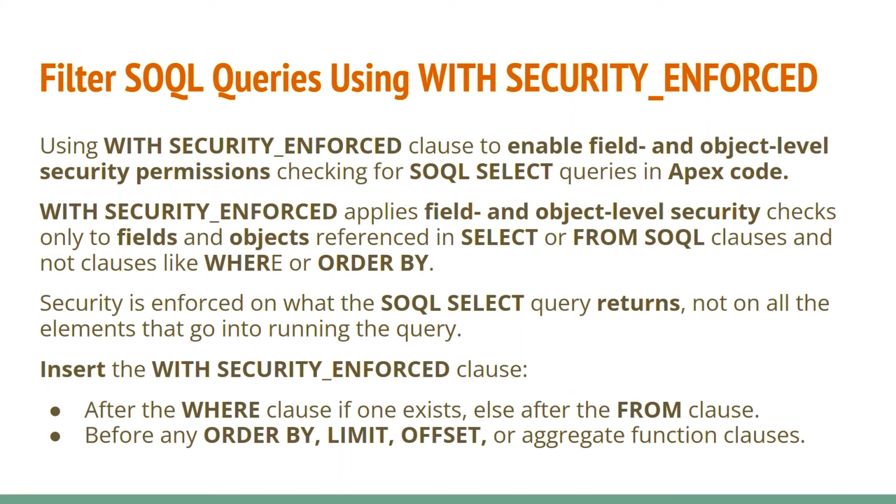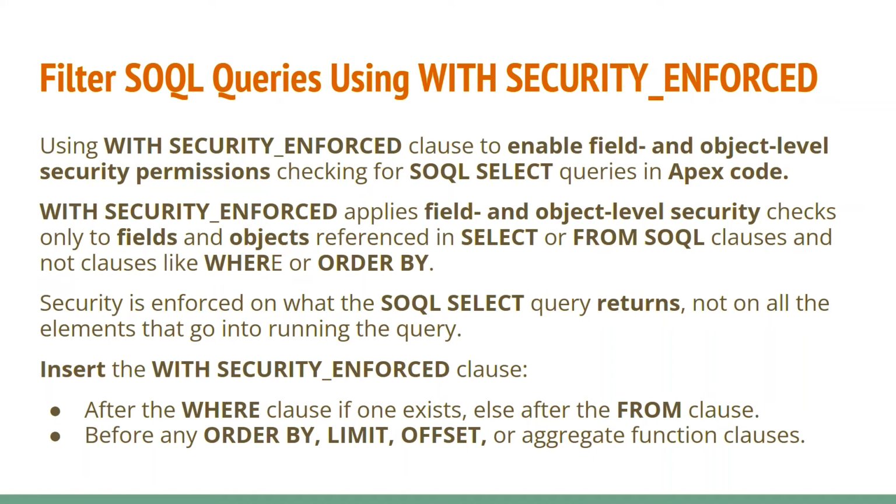Filter SOQL queries using with security enforced. We use the with security enforced clause to enable field and object level security permissions checking for SOQL select queries in the Apex code. In SOQL we have a select query, select ID, name from account. Then we have a where clause to filter our results.